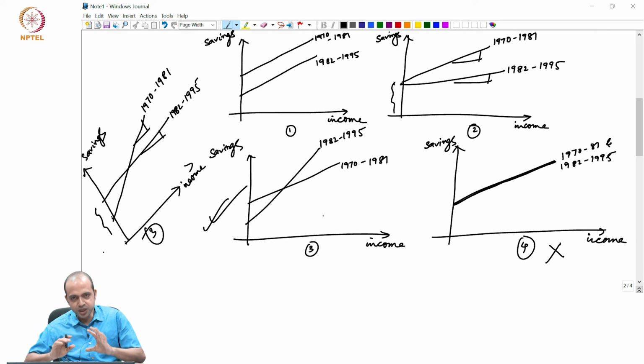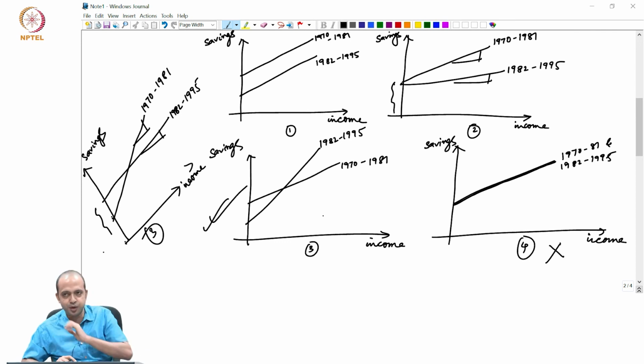So, with this we have now learned how to do the structural break analysis using the Chow and using the dummy, but we generally do not conduct the Chow test for structural break analysis, because that is time consuming as well as it has limitations.